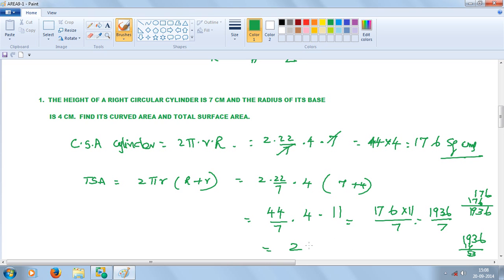You get 7 sevens are 49, then become 46. You get 6 sevens are 42, and then you get 40. You get 5 sevens are 35, plus balance, something like it is 276.57 square centimeters. Please try to work it out again.